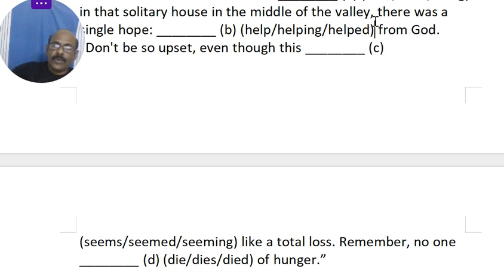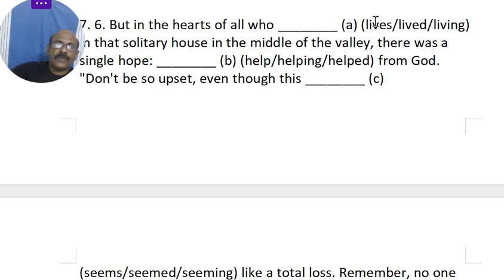Yeah, now here we are observing the verbs. But in the hearts of all who dash on that solitary house in the middle of the valley. It's already past tense, you know. So we are taking lived, who lived in that valley. Single hope dash from God.